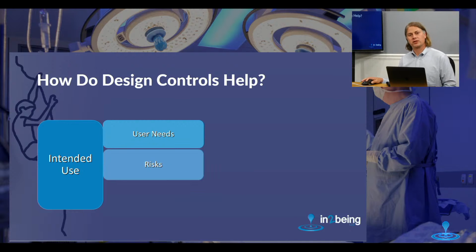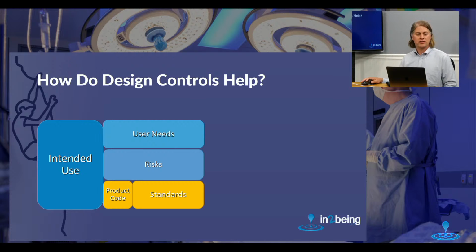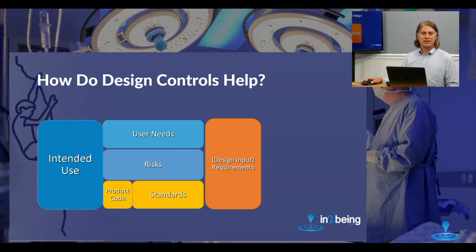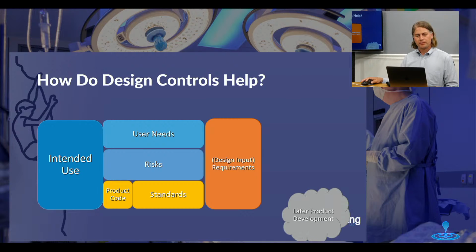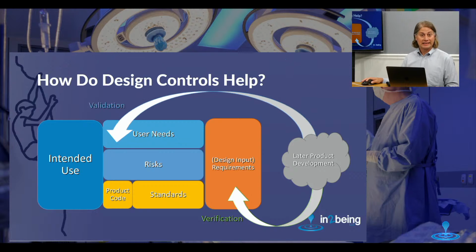The risks associated with the product, code, the standards, like international consensus standards that FDA recognizes that relate to your product, these all matter because as they get placed into design input requirements, they can lead and structure the later parts of product development. And they give a framework for going back and verifying as well as validating that later product development.